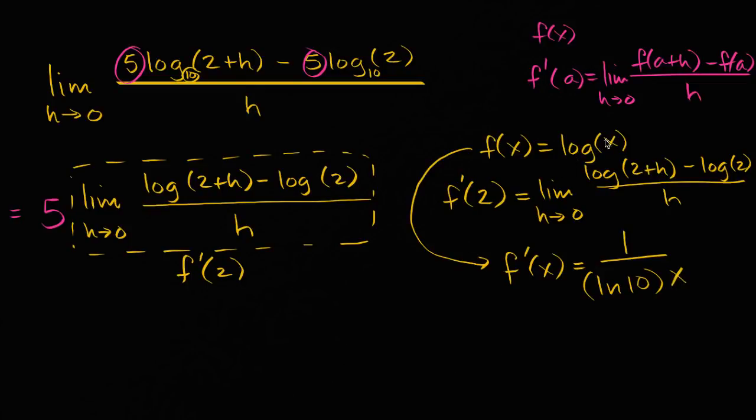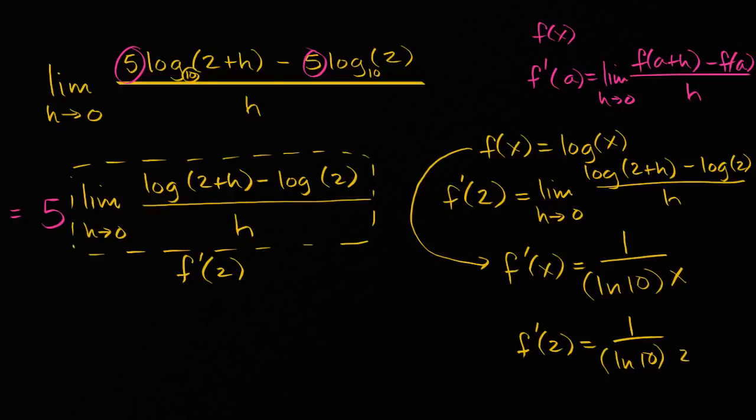If this was a natural log, then this would be 1 over natural log of e times x. Natural log of e is just 1, so that's where you get the 1 over x. But if you have any other base, you put the natural log of that base in the denominator. So what is f prime of 2? F prime of 2 is 1 over the natural log of 10 times 2.